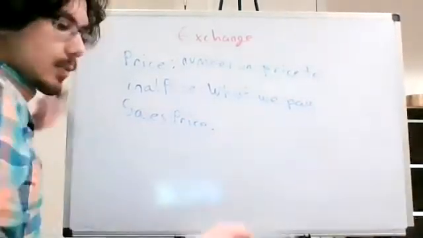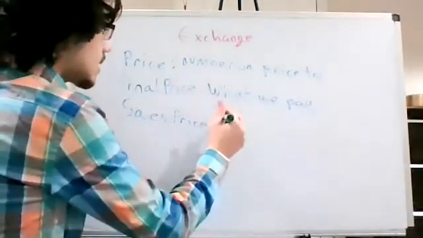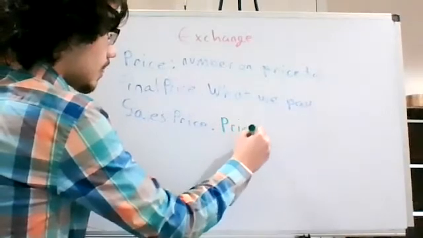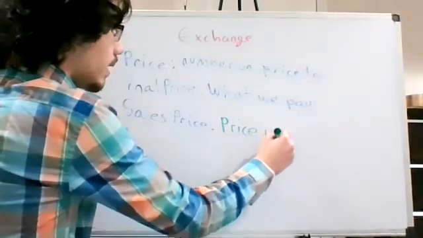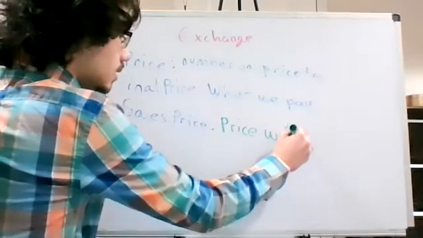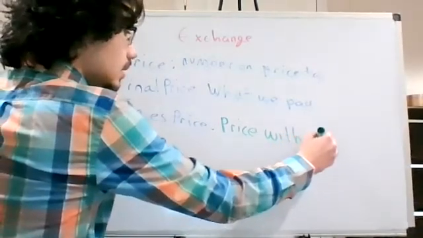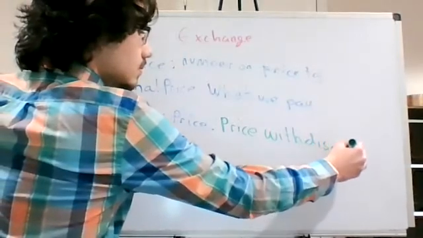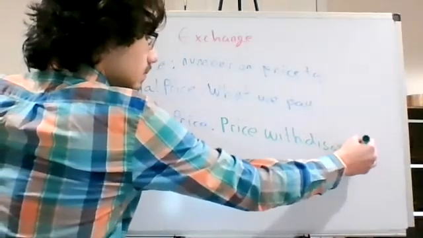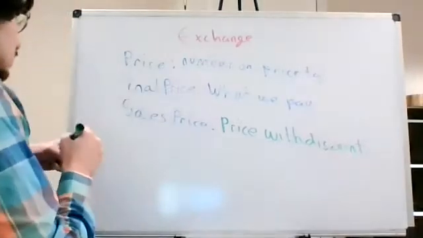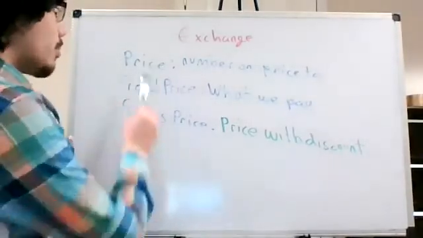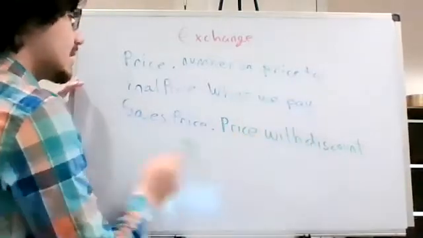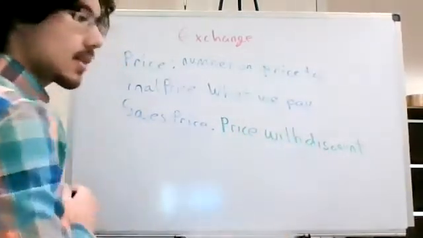So the sales price is the price with discount. So the price being the number on the price tag, the final price being what we pay, and the sales price being the price with the discount.